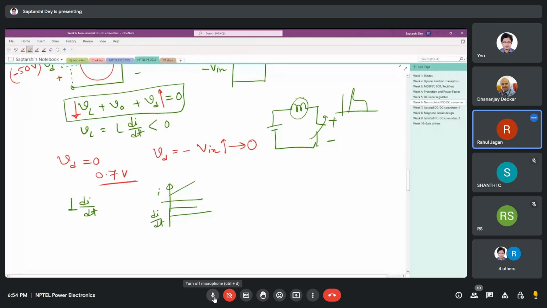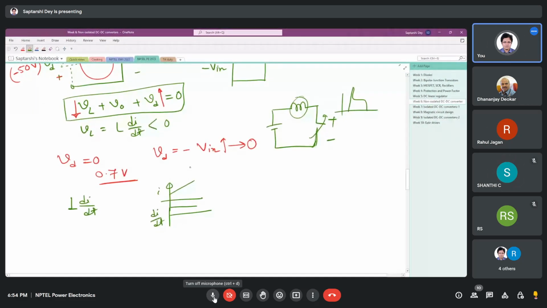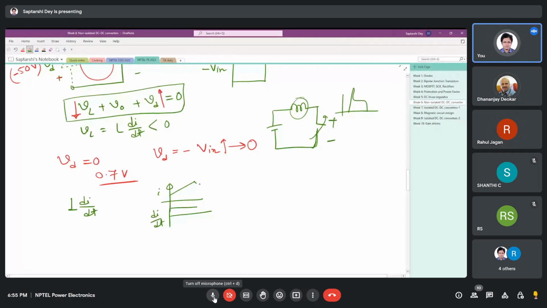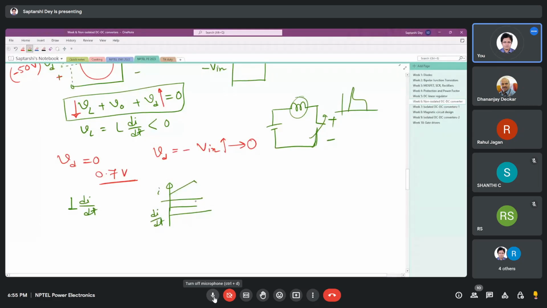So suddenly the current has no path to flow, so it will try to reduce. Right? KCL. The current will try to reduce, and that reduction is very abrupt. Very fast it is trying to reduce. So when the current is trying to reduce, your di/dt is now negative.